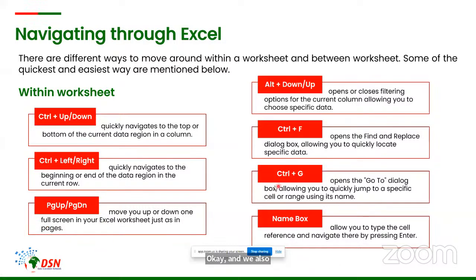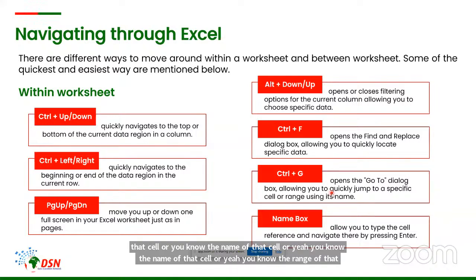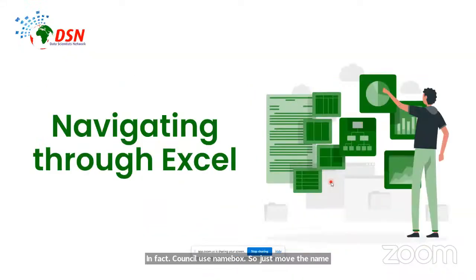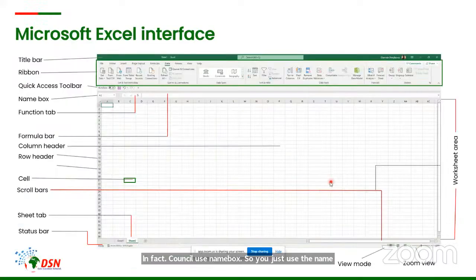Then we have Control G. Control G is go to. You can quickly jump to a particular cell if you know the name or the range of that cell. In fact, you can also use the name box. You go to the name box area here, type the name of whatever cell you want, and it allows you to go there.